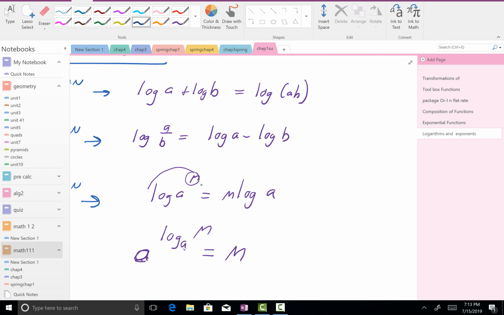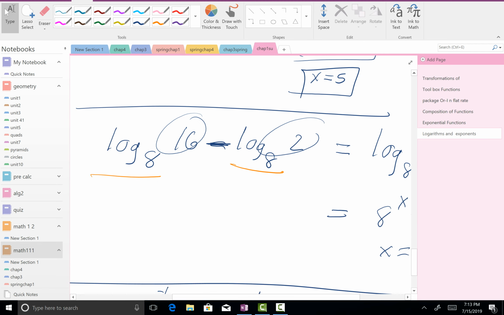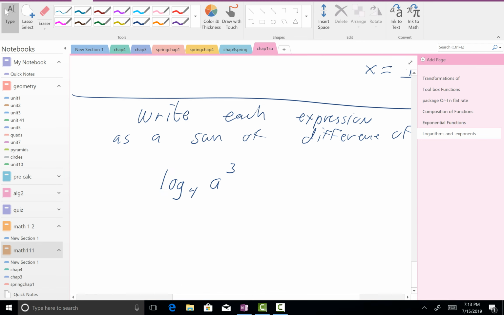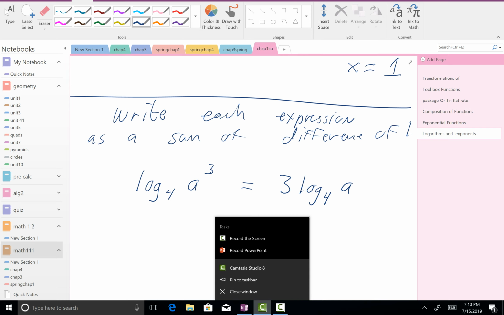So I take the problem that I have, go down here and find it. There it is. I'm going to take this 3, and it's going to pop out in front. Everything else stays the same. I don't have to do anything more, I just leave it like that. The 3 pops out in front. That's all we're doing, using your properties of logarithms.